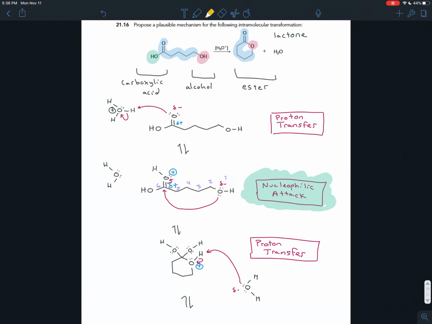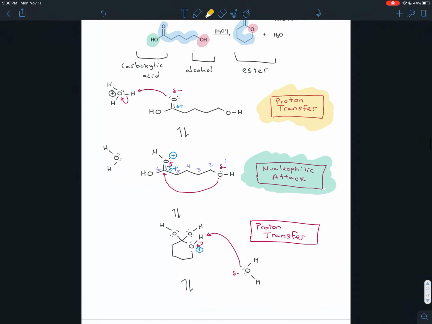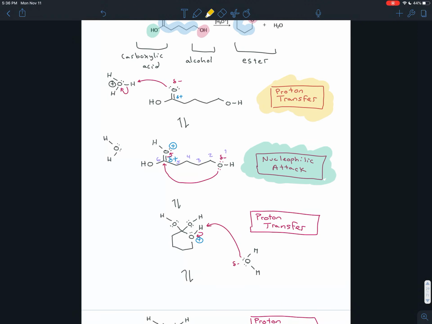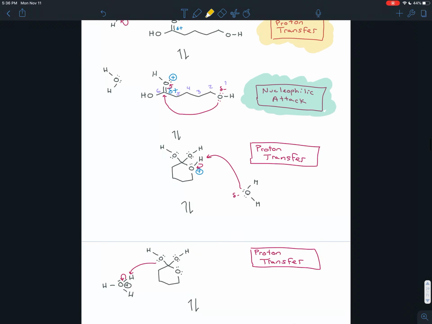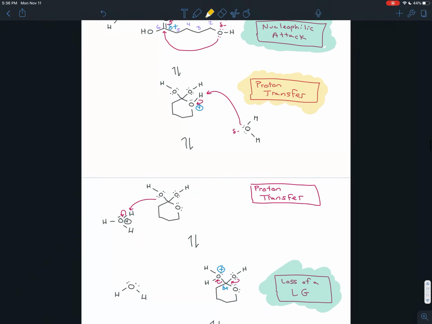Our nucleophile was not very strong, and our electrophile was not very strong either, so we had to make that electrophile more reactive by doing a proton transfer in that first step. Then the nucleophile attacked, and we had to stabilize the nucleophile with another proton transfer. It had a positive charge after it attacked.